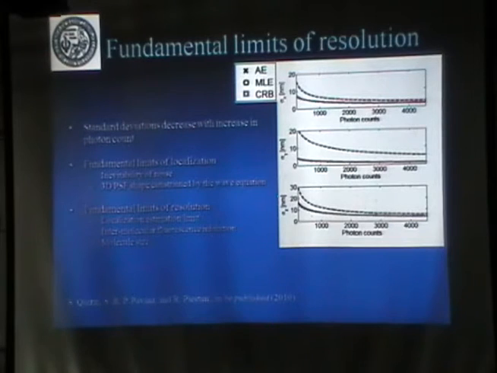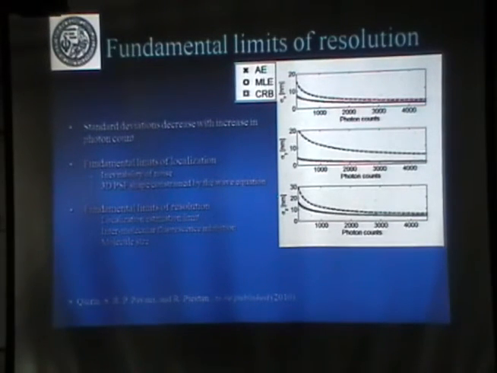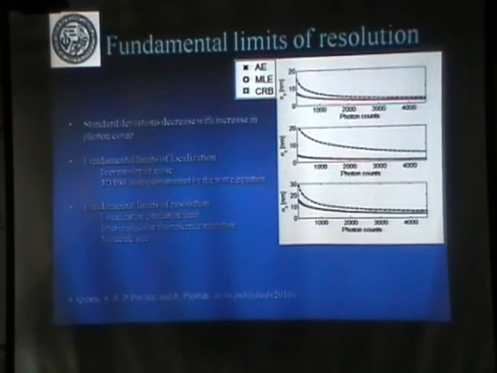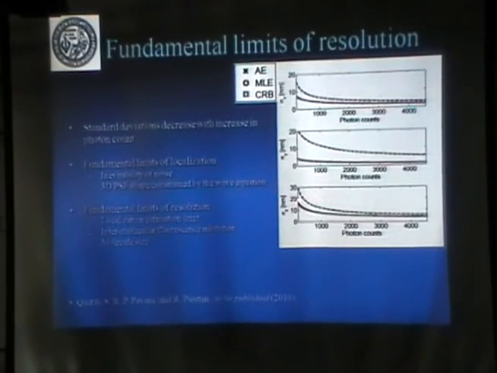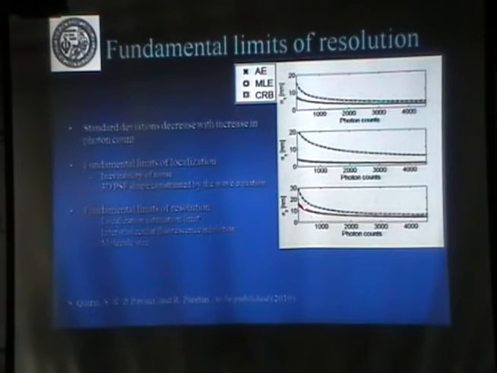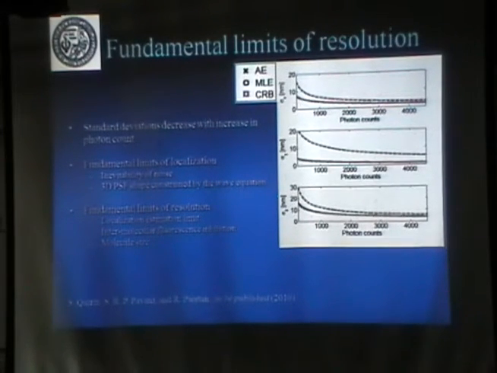You can also include other parameters, background noise, things like that, but in this case we want the fundamental limit. The fundamental is the shot noise, and so given the number of photons, you can find the fundamental limit. Now, that's for localization, but that translates directly into resolution for this type of method.